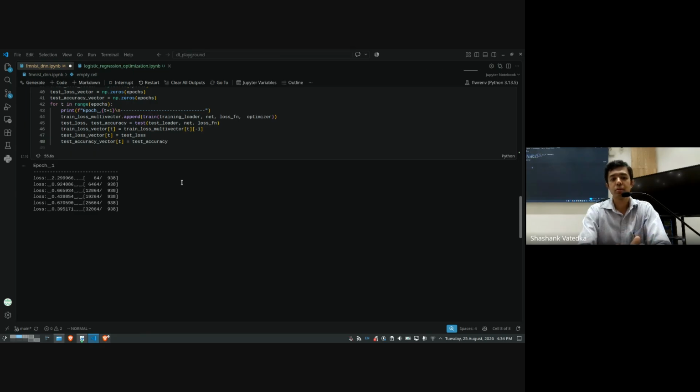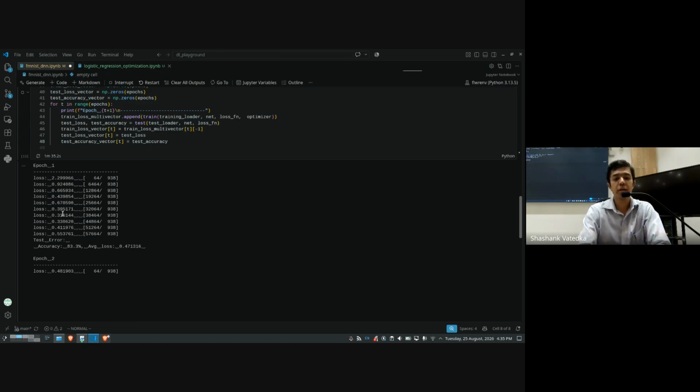Right now, you can see that the loss is not strictly decreasing. It went down to 0.4, then went up to 0.6, and now is around 0.3-something.